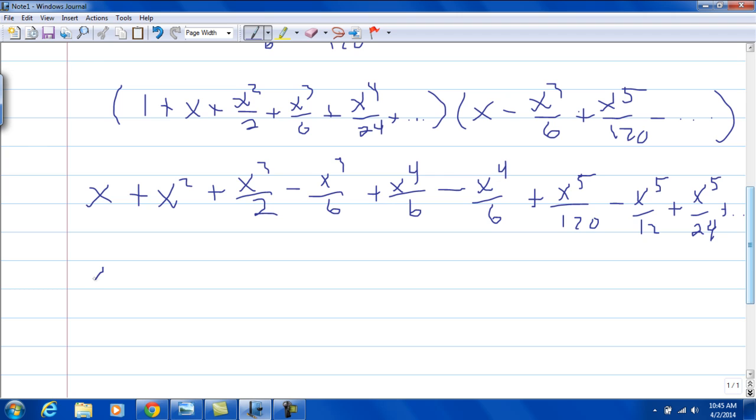So if we simplify this, we have x plus x squared plus, and the common denominator for the x cubed over 2 minus x cubed over 6 is 6. So it's 3x cubed over 6 minus x cubed over 6 plus, and the x to the fourths are just going to go away.